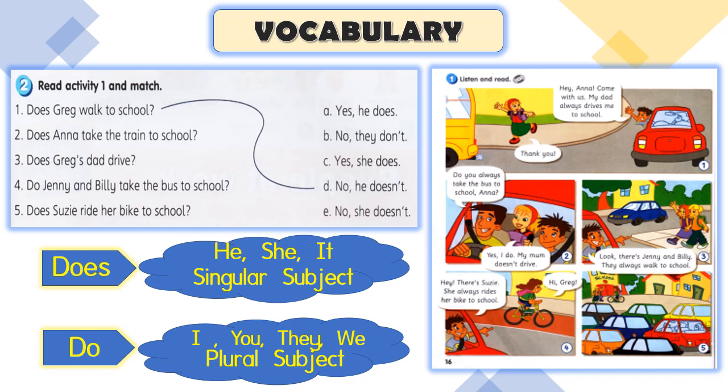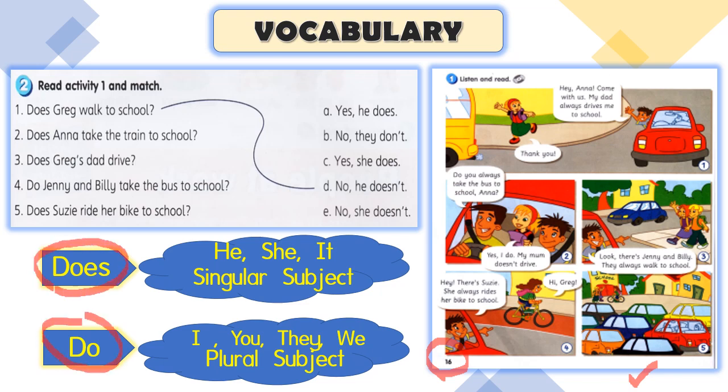So let us read Activity 1 and match. Please refer to your textbook page 70. But in order to do this, we have to read page 16 again so that we know how to answer the questions. We've learned just now about does and do.